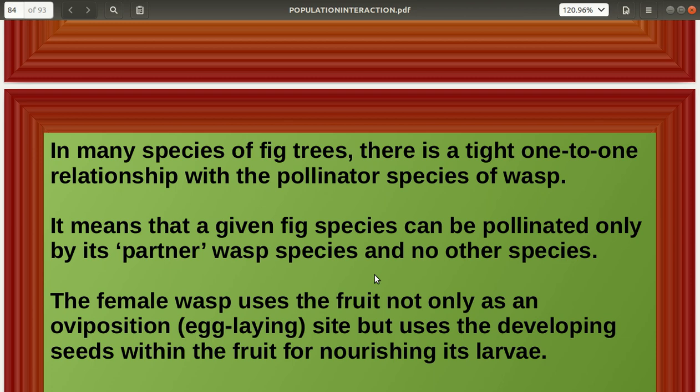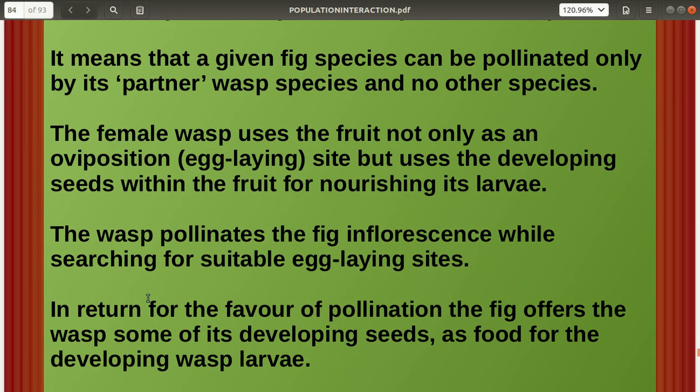Now through the small opening of the ostiole, the female wasp enters and lays her egg on the female flower, and the developing young larva feeds on the seeds and develops. The wasp simultaneously pollinates the fig inflorescence while searching for suitable egg-laying sites.